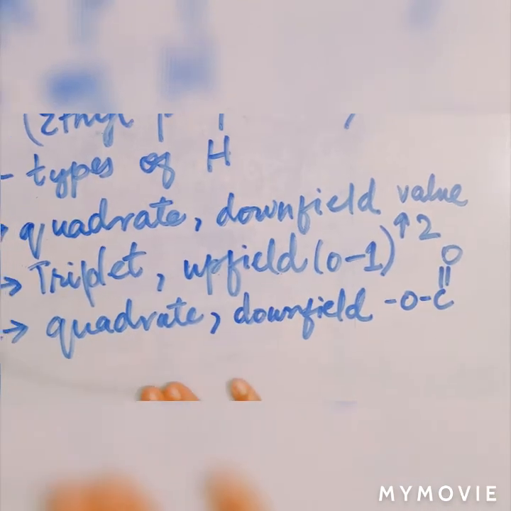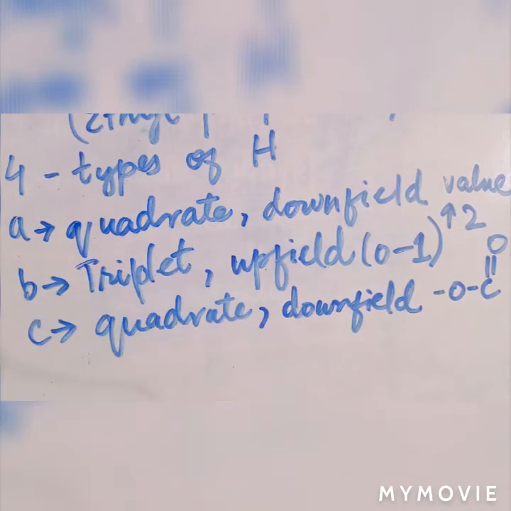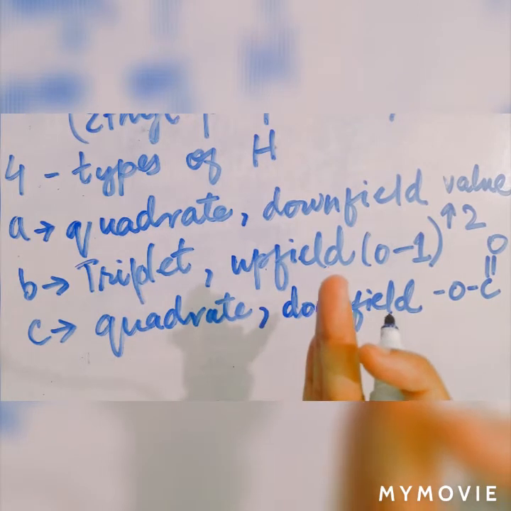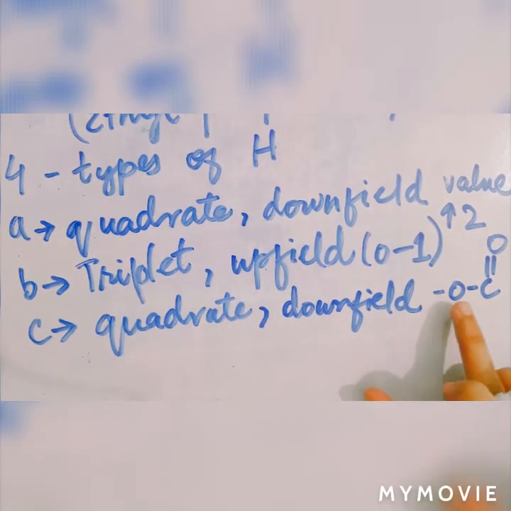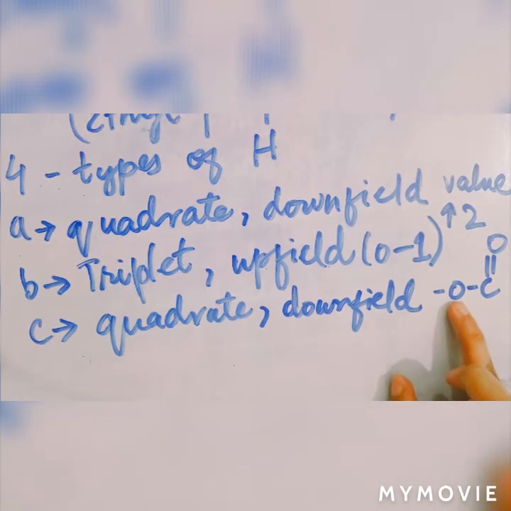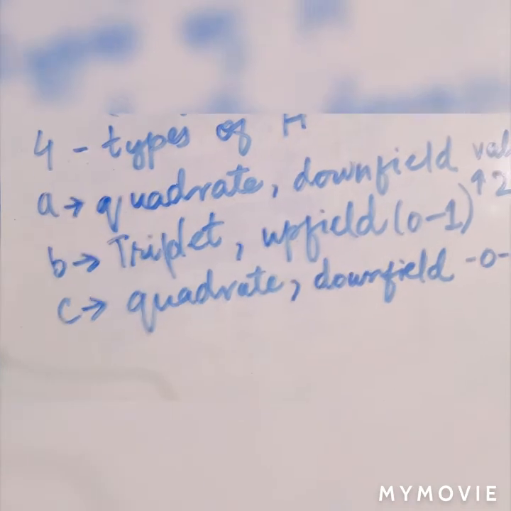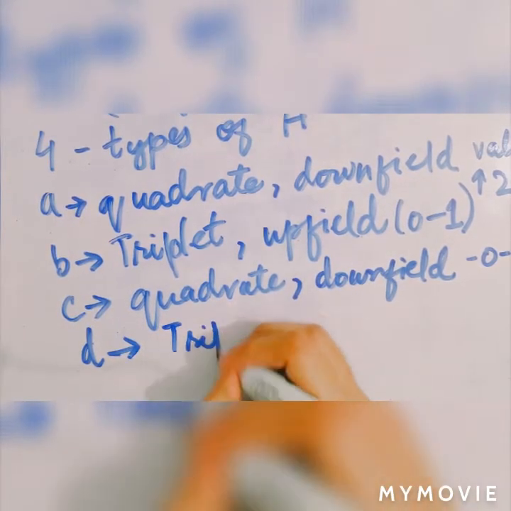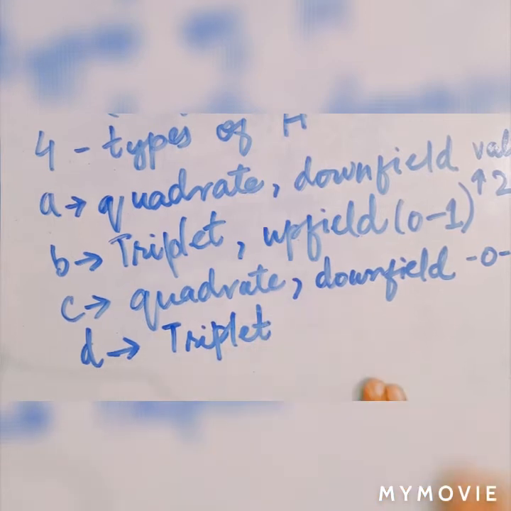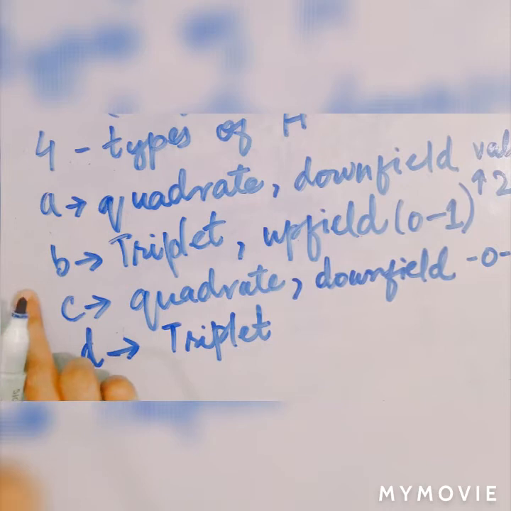It is very downfield as compared to the A proton. Why? Because A is adjacent to the sp2 hybridized carbon atom, but this C proton is next to the very electronegative oxygen atom. So it is more downfield as compared to A. Number D will also give a triplet, for the same reason which I have said already in the case of proton number B.